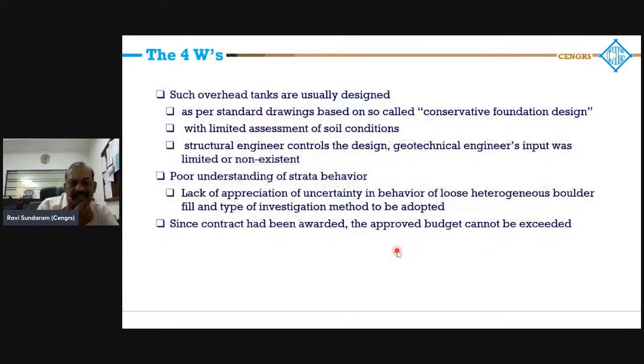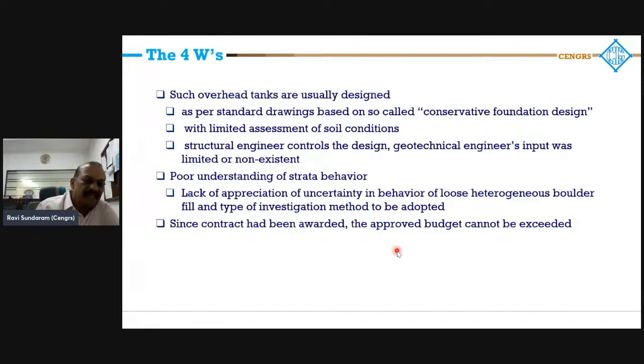Such overhead tanks are usually designed on standard drawings, what is called a conservative foundation design with limited assessment of soil conditions. It usually works because it is conservative. The structural engineer controls the design. The geotechnical engineer's input was limited or non-existent.